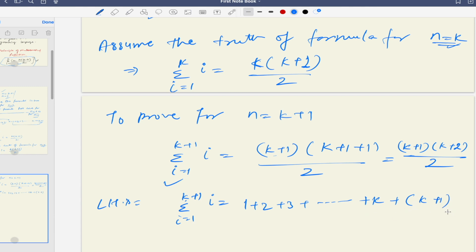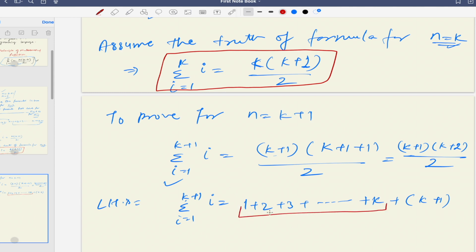This will be the whole term, right? As we assumed, the formula is already proved for k, from 1 to k. So we will put here the value of the sum from 1 to k. So what will be the value of this term? It will be sigma of i equals 1 to k for i.